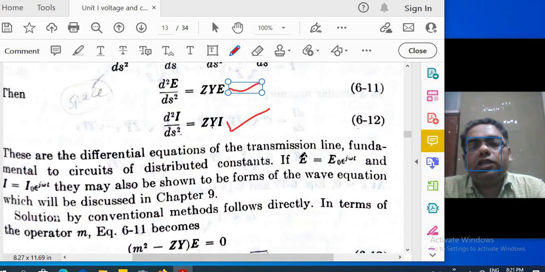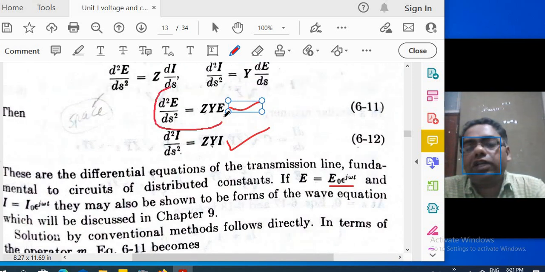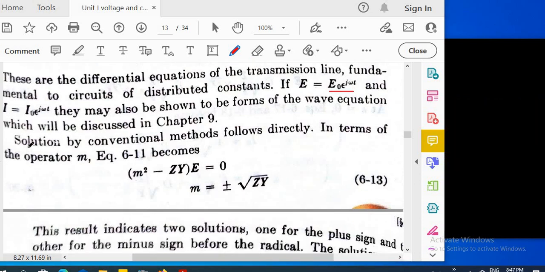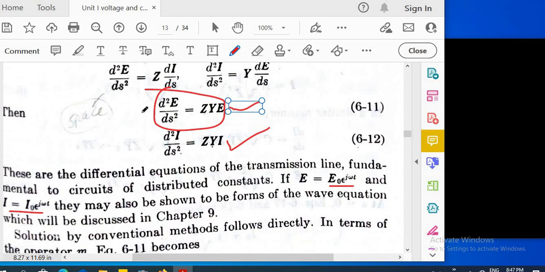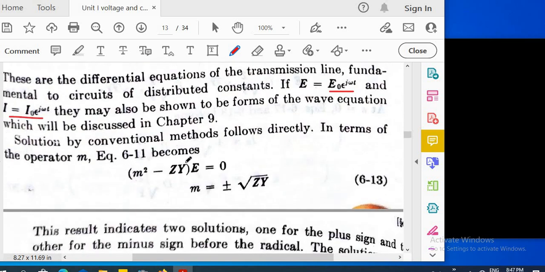Similarly, I can write E equal to E0 e to the power j omega t, which I was telling, and I equal to I0 e to the power j omega t. Now the solution of these two differential equations can be done in this form: m square minus zy equal to 0.